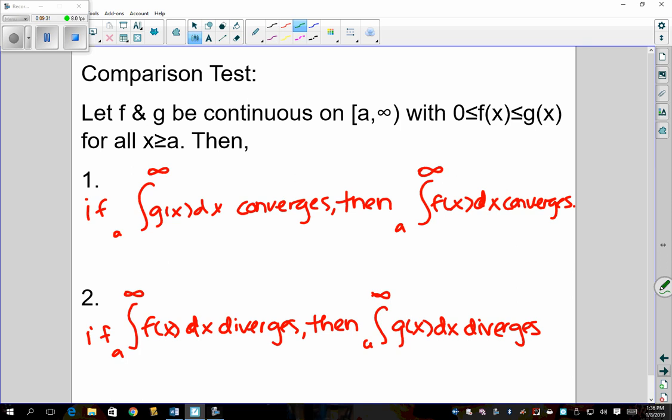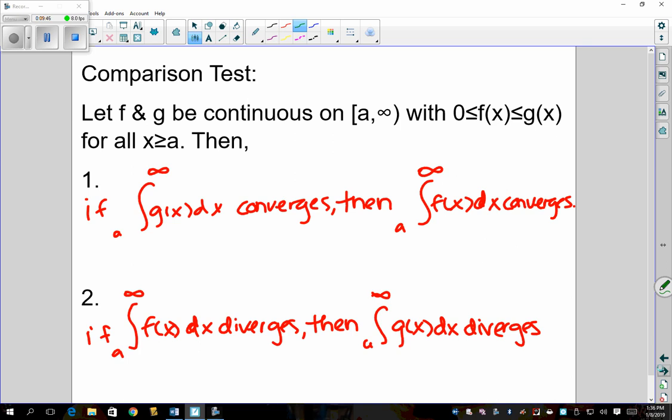Sometimes we are given really hard integrals that we cannot anti-differentiate. So what we use is just a comparison test. So this, again, is really similar to our series.